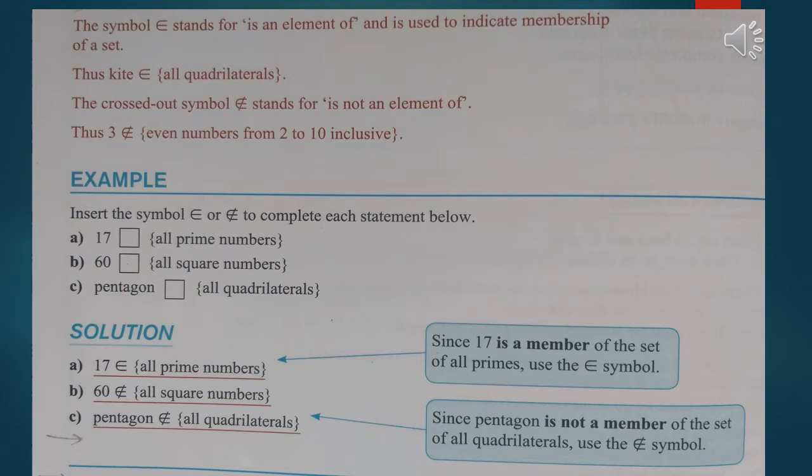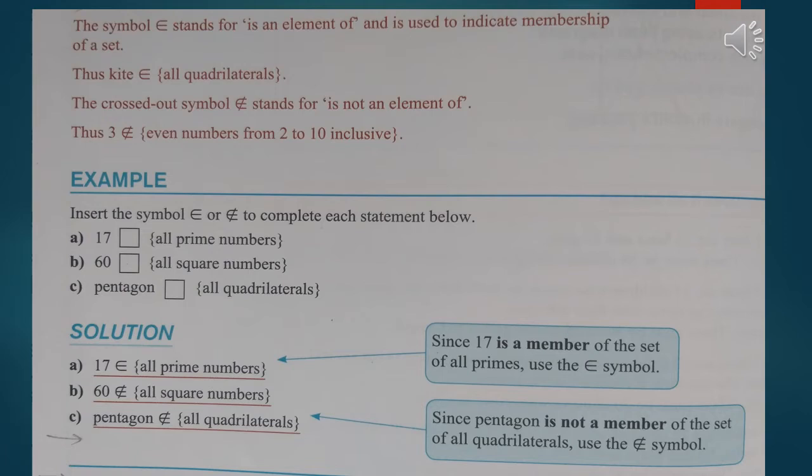That is, 17 is an element of all prime numbers, that is solution A. Part B: 60, and there is a box there, all square numbers. That is part B's solution: 60 is not an element of all square numbers.